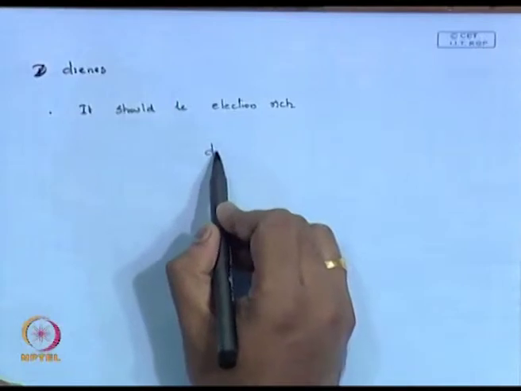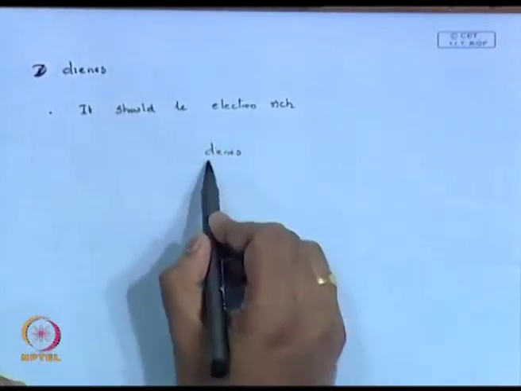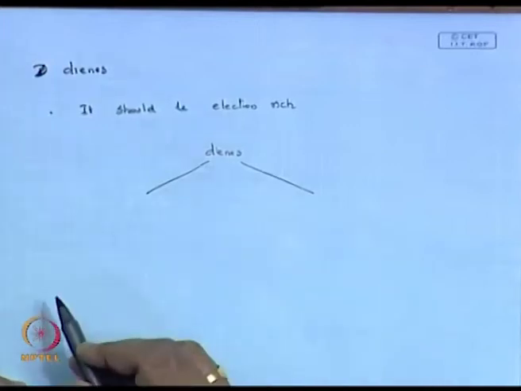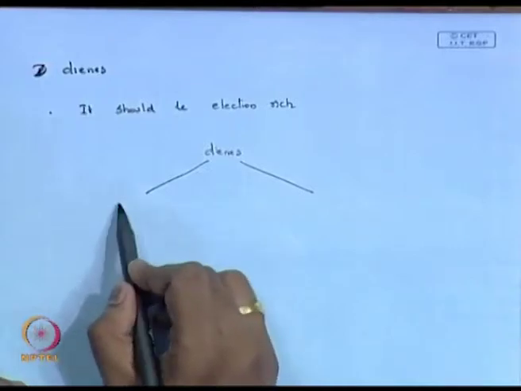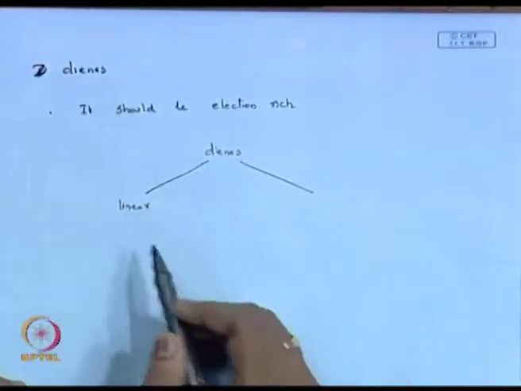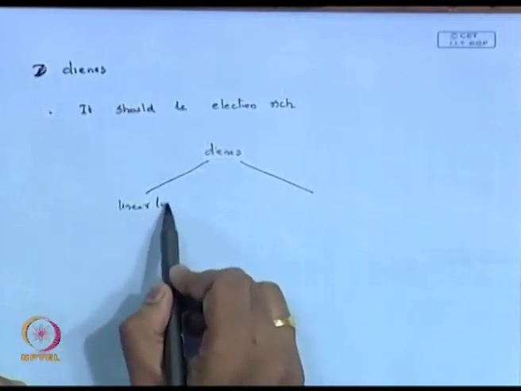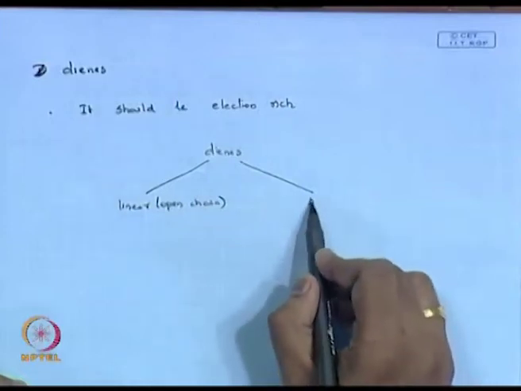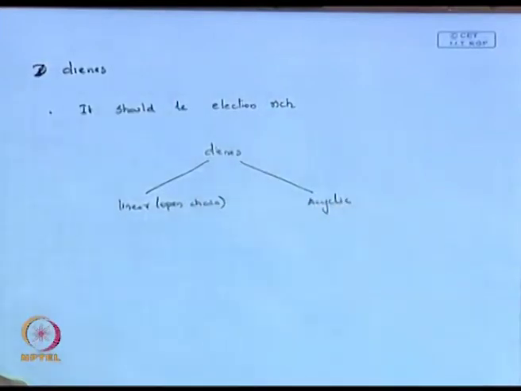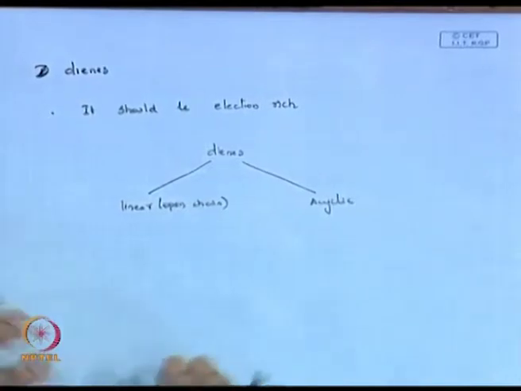The second important thing about a diene is that it should have the perfect geometry to carry out a Diels-Alder reaction. For example, I can classify dienes as open chain systems, like linear ones, or acyclic.